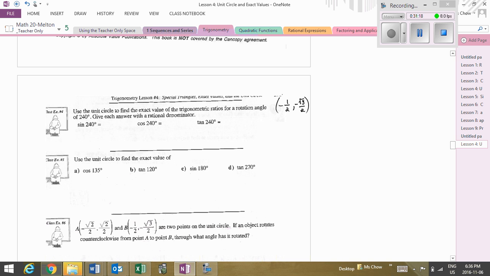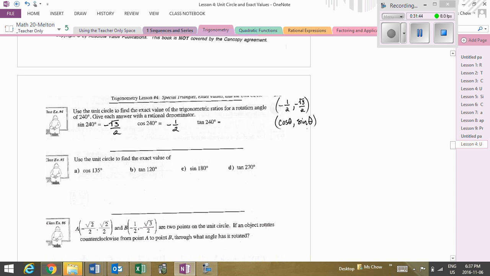I recognize that on the unit circle, we're always looking at cosine theta followed by sine of theta. Then sine of 240 degrees is going to be negative root 3 over 2. Cosine of 240 degrees is then going to be negative 1/2, and that's pretty straightforward. Tangent of 240 becomes a little bit trickier. Why?